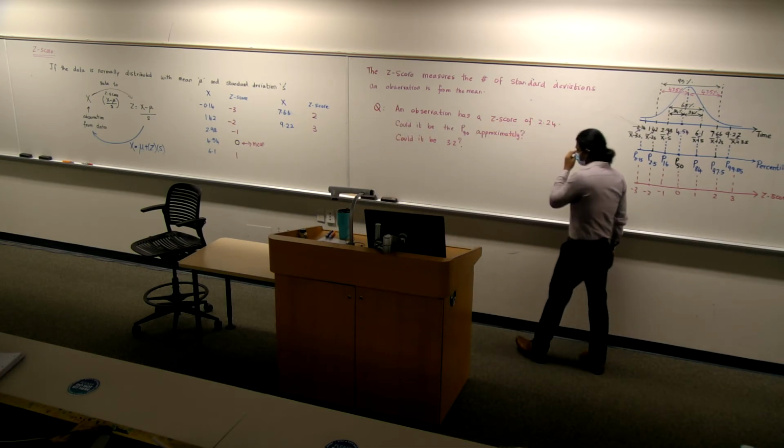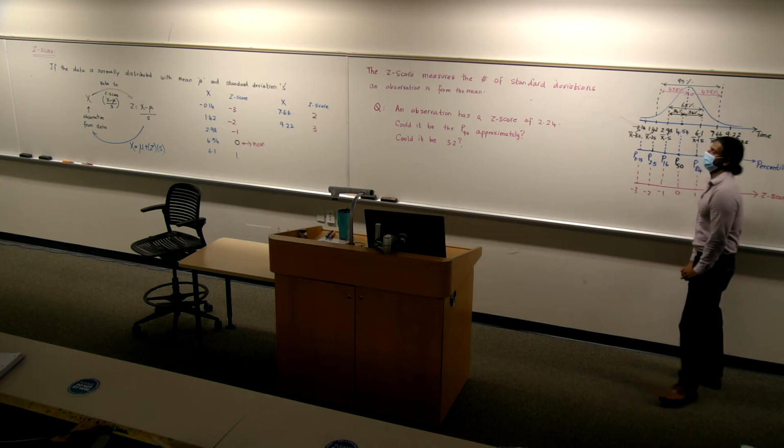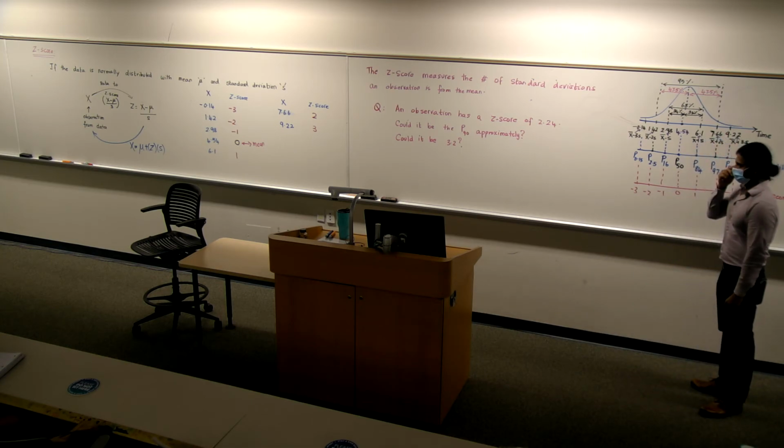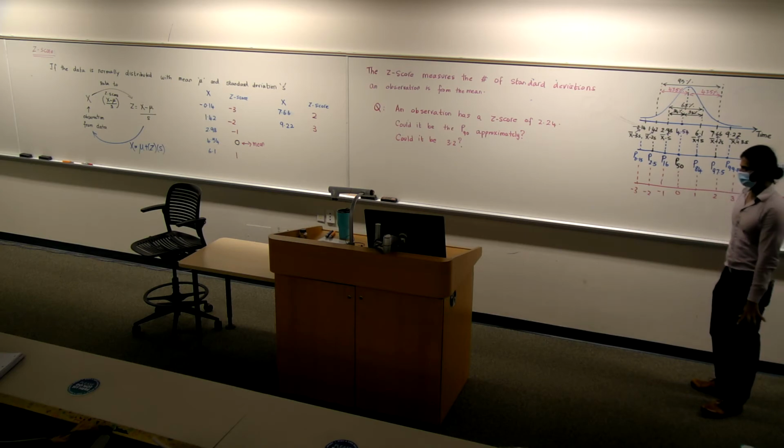An observation has a z-score of 2.24. My question to you is, could it be P90 approximately?